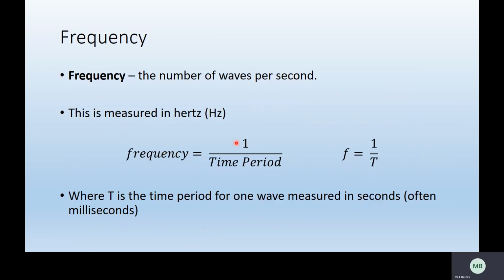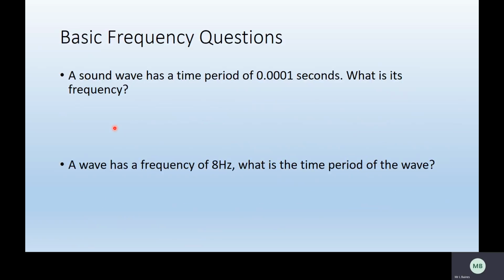So frequency is 1 divided by t. That tells me how many of them there are in 1 second. What I want you to do now is pause the video and answer these 2 questions.